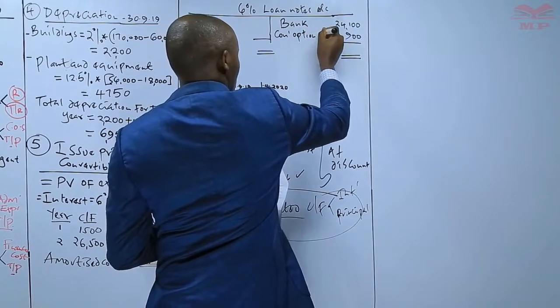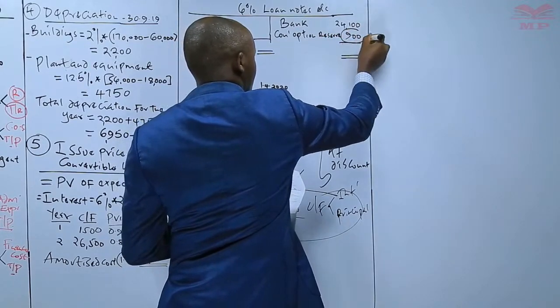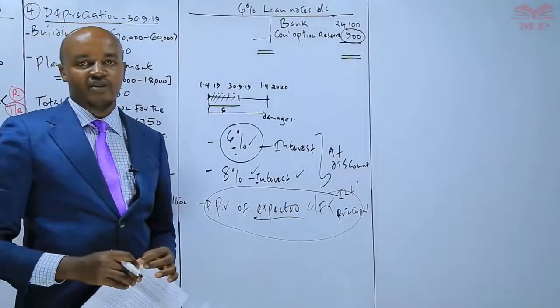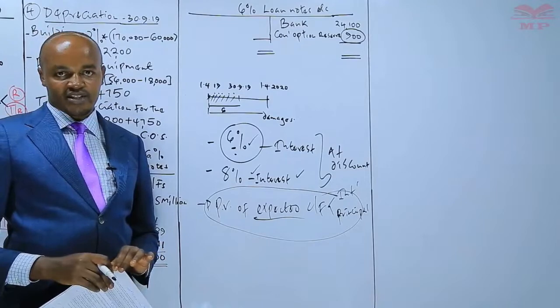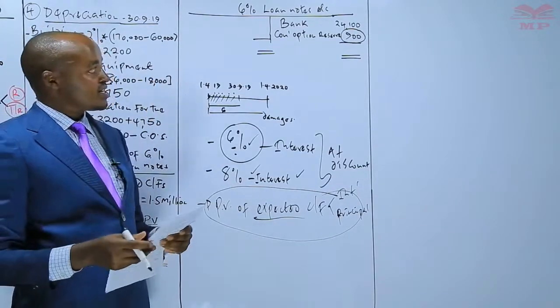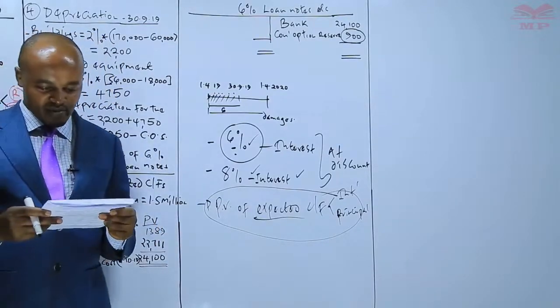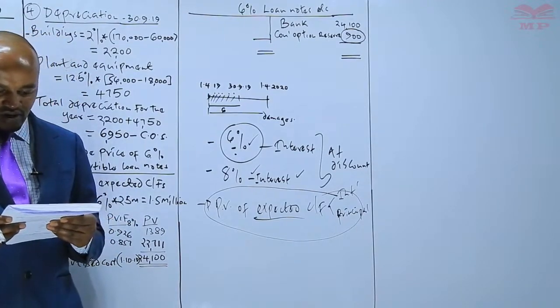So what that means is that when preparing our statement of changes in equity, we are going to have a reserve known as a conversion option reserve, basically the amount of 900,000. So let's go back to point number 4.